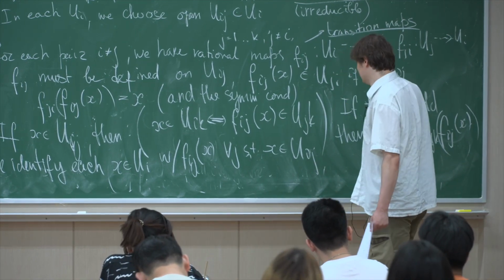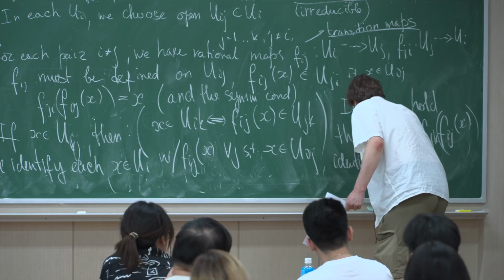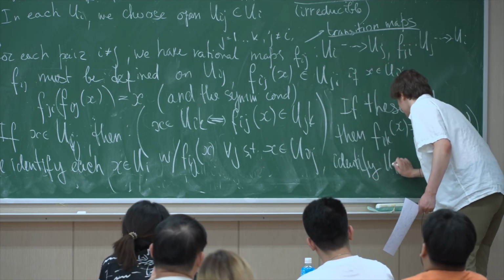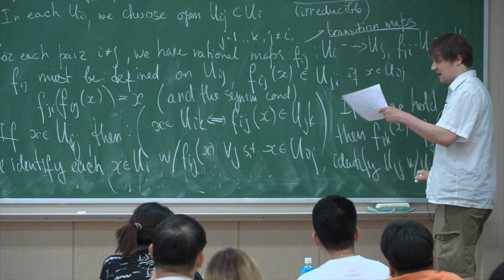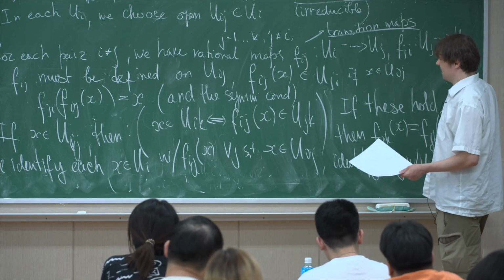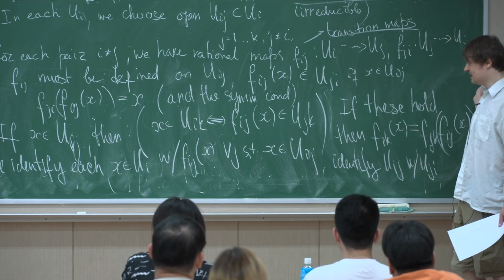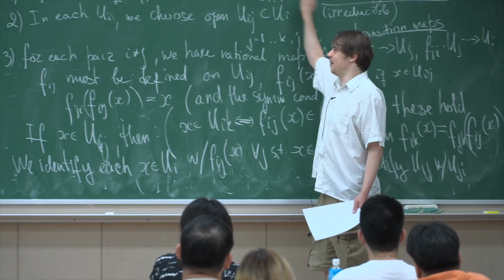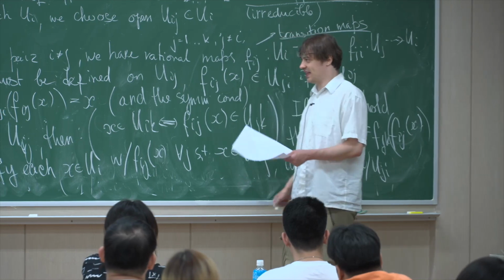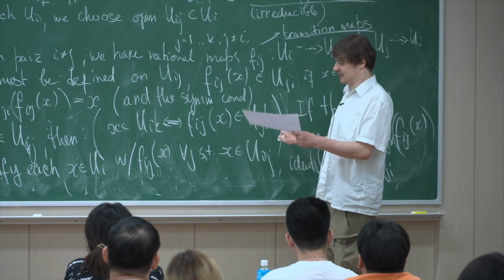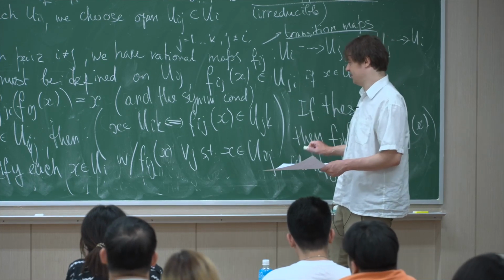And we also identify each Uij with Uji. So this way we have sort of contracted our set of points. Originally we had these separate sets, and now we identified some points. And we say that all these points together, after this identification, form a non-affine algebraic variety.